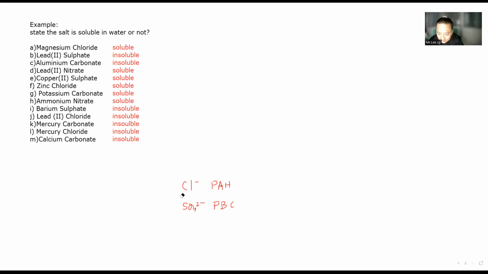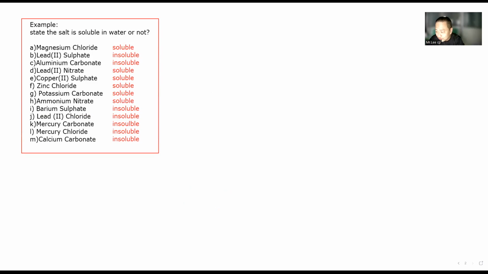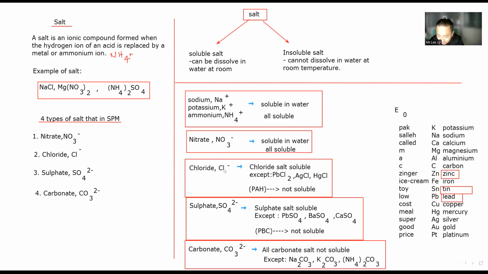Now I guess you can memorize just 3 only, right? Memorize these 3. PAH, right? Sulfate, PBC, right? PAH, Pakatan Harapan.